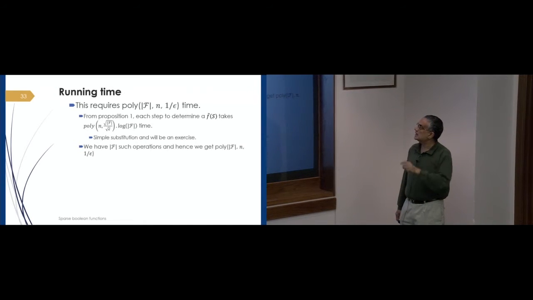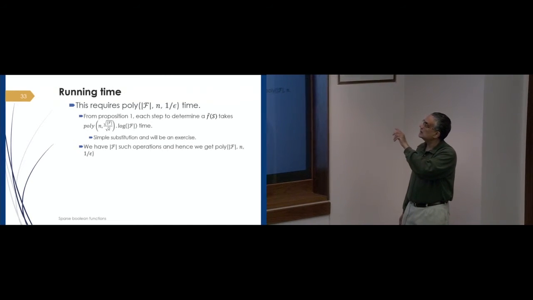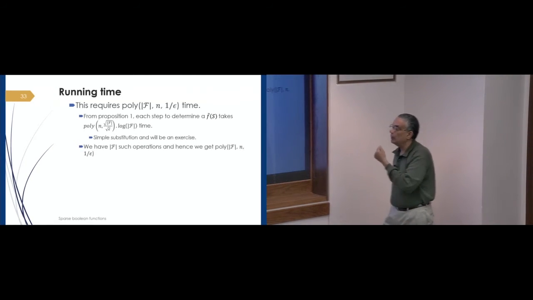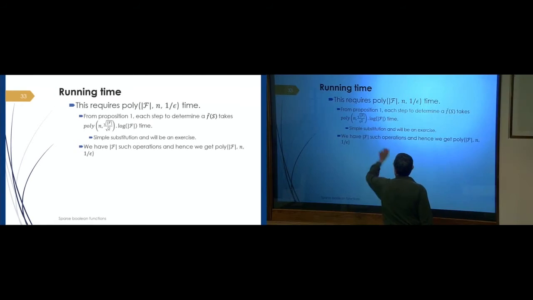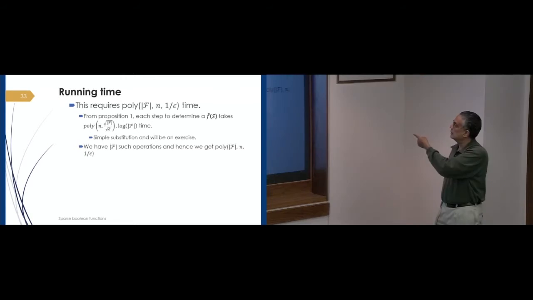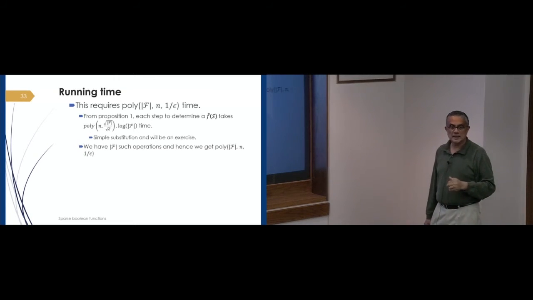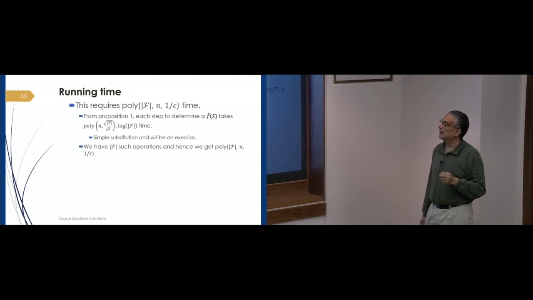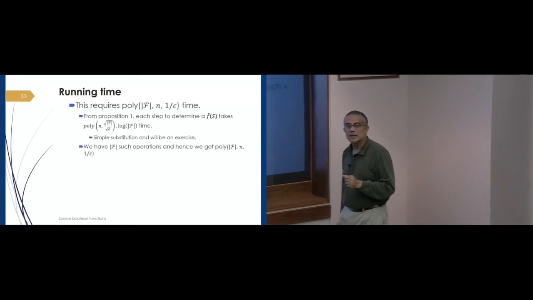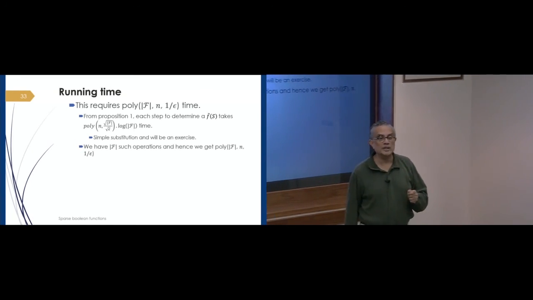So this is each step to build an f hat s. Now we have how many such steps? That's the size of script f. So then we get basically from the previous term a simple extension that the entire computation is polynomial in the size of f, n and 1 over epsilon. And that basically also tells us that the running time of the algorithm is within the bounds we want.